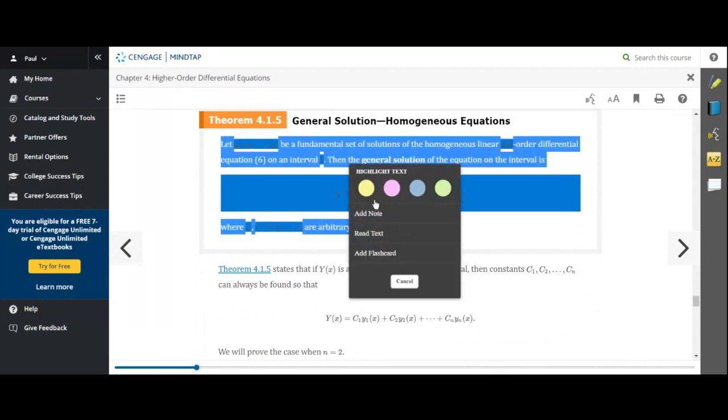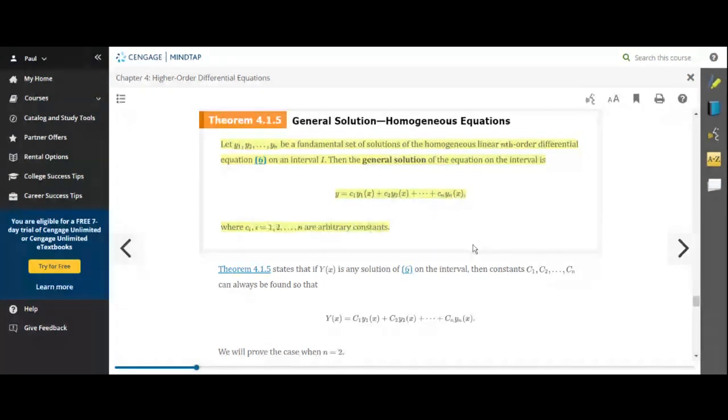If you have a fundamental set of solutions, y1, y2 up to yn, to the differential equation, and the fundamental set of solutions means that the solutions are all linearly independent, then a linear combination of those solutions will be the general solution to the differential equation. You don't need to look elsewhere.